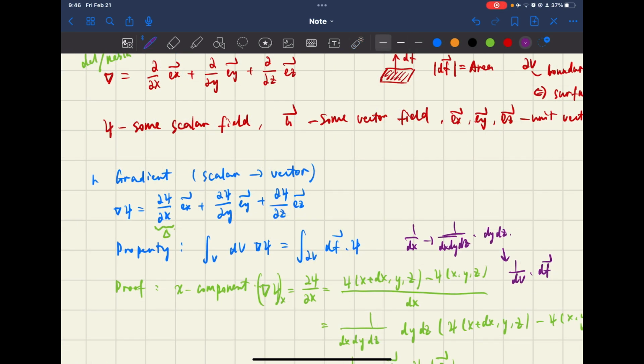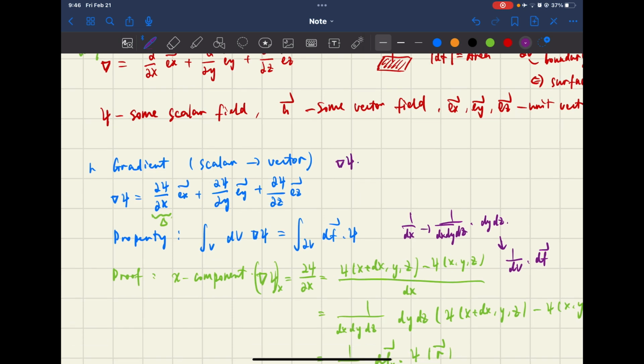Now let's delve into what it actually means to take the gradient of a scalar field, del phi, from a geometric or intuitive perspective. Let's first consider del phi, the gradient of a scalar field, times the unit vector along the x-axis, ex.